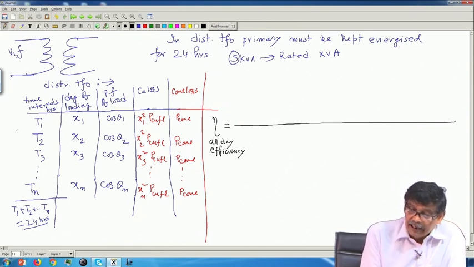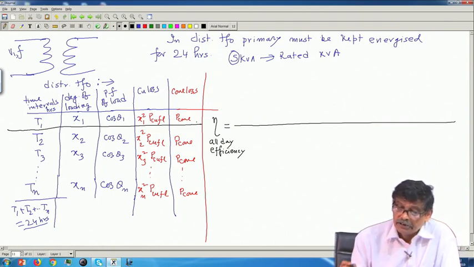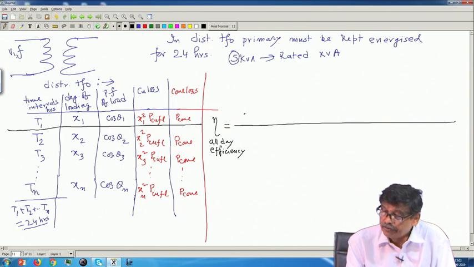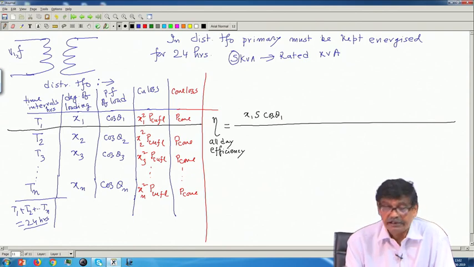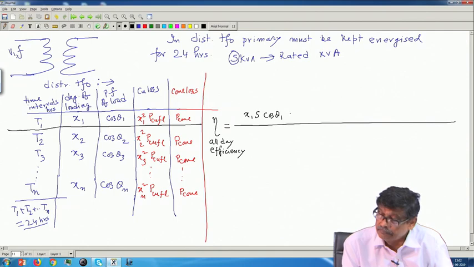What is the output energy in the first T1 hours? What is the kilowatt output? It will be x 1 S cosine theta 1, this is the kilowatt, into T 1.